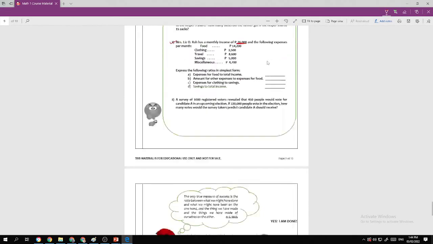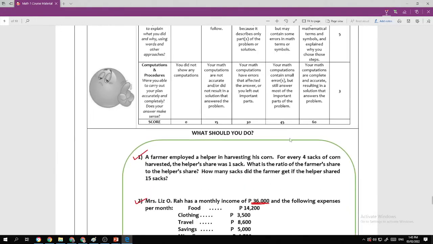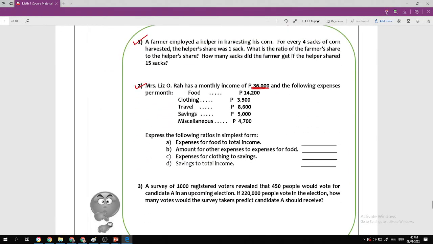Thank you for that concern. Your answers here should be in reduced form, simplest form. Yes, go on. Everything should be reduced. If you are asked for a ratio, it should be in reduced form, because the instruction says in simplest form.